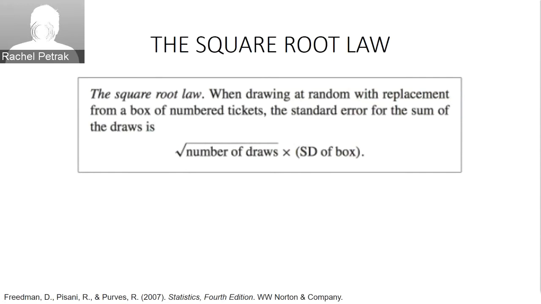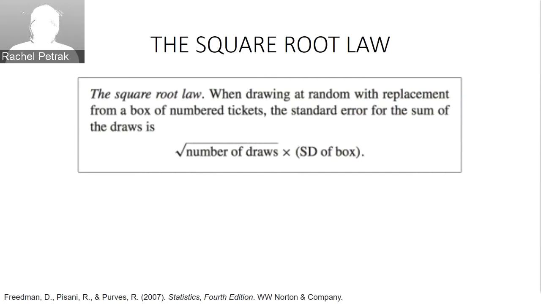Okay. So the square root law is, it is no exaggeration to say that the statistical procedures in the rest of our course depend on this formula and this idea that underlies how the square root law works. Essentially, as the number of draws goes up, the sum gets harder and harder to predict.